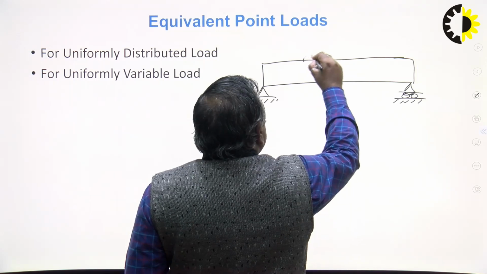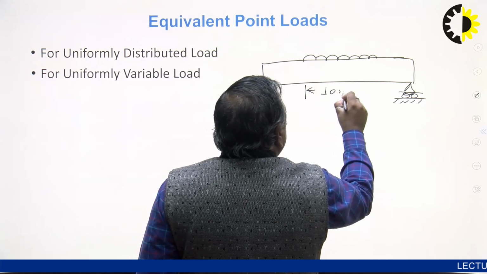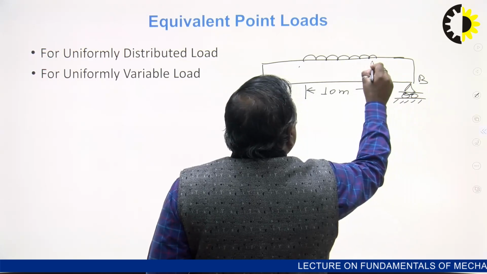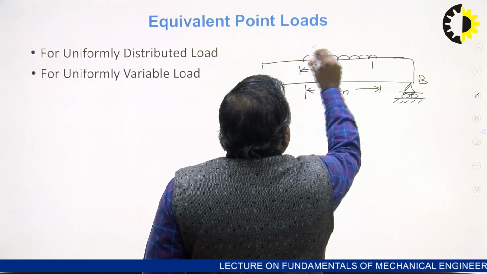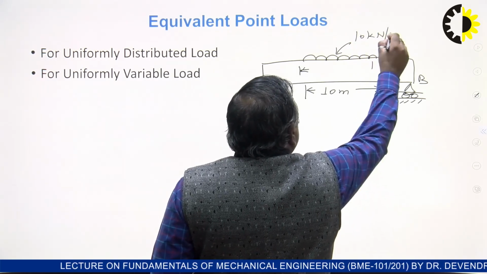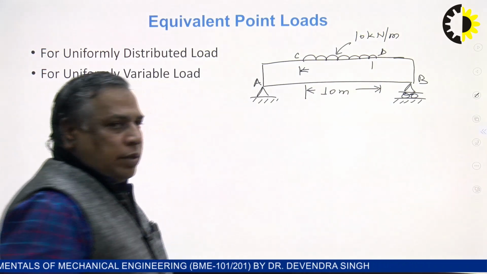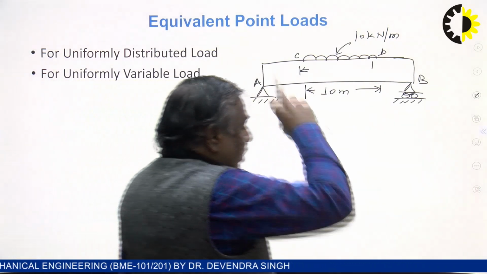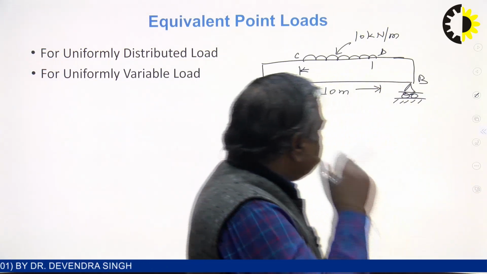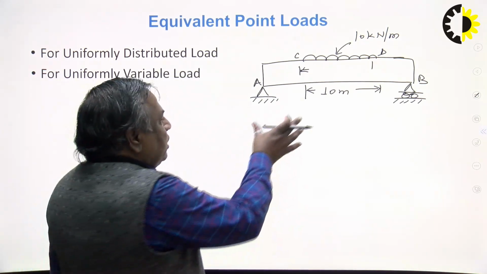Suppose 10 meter span, this is A, this is B, and the intensity is 10 kilonewton per meter from C to D. Now the shape of this UDL, as I mentioned in the last slide, is a rectangle or a square. 10 kilonewton, 10 meter.